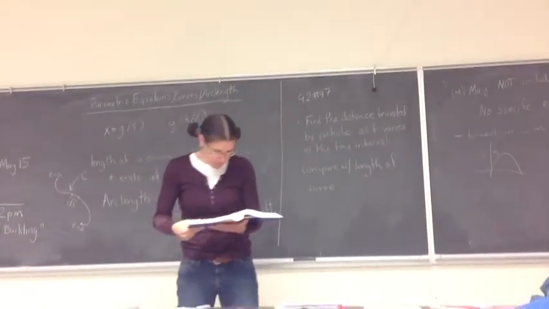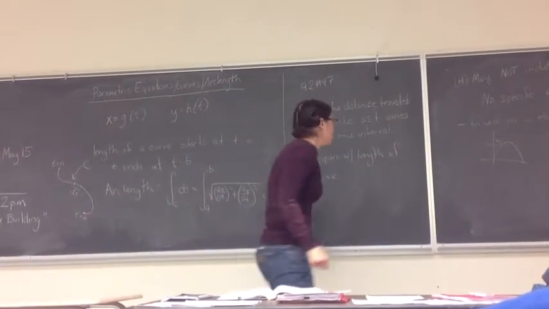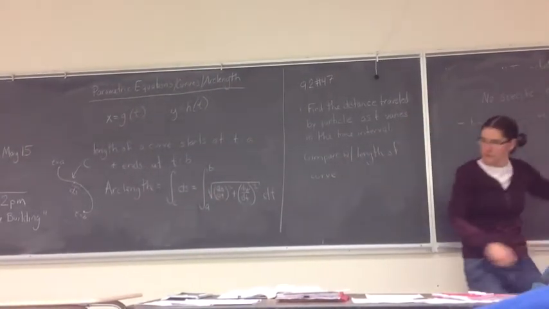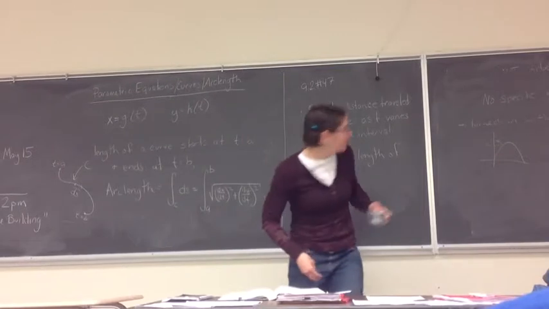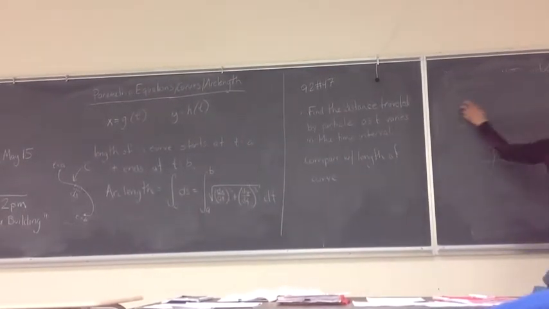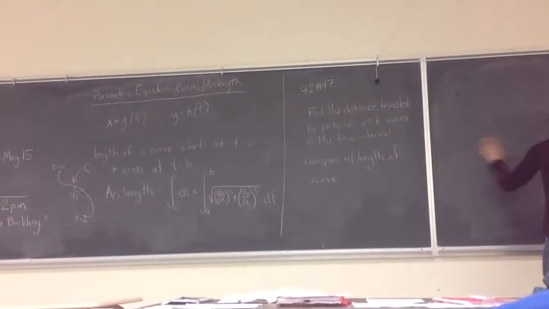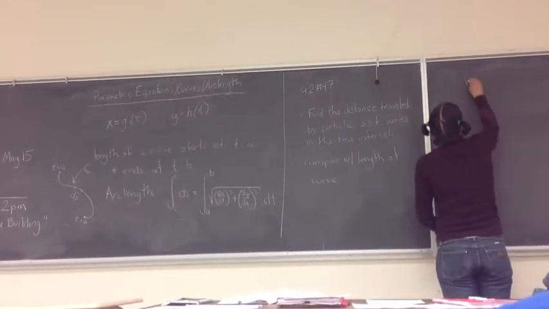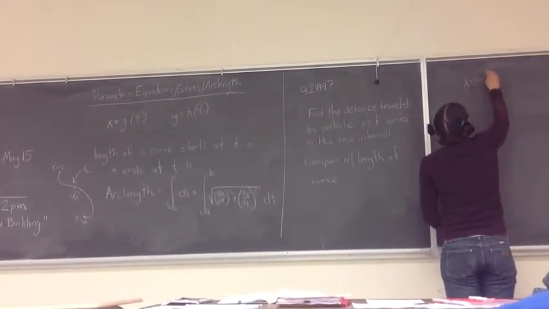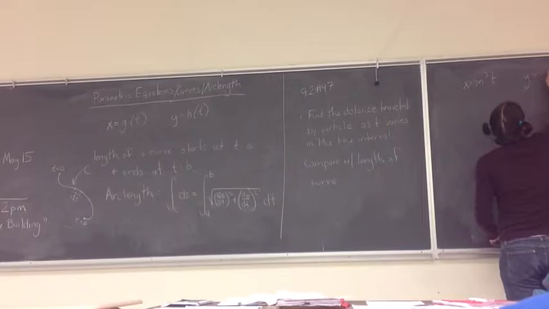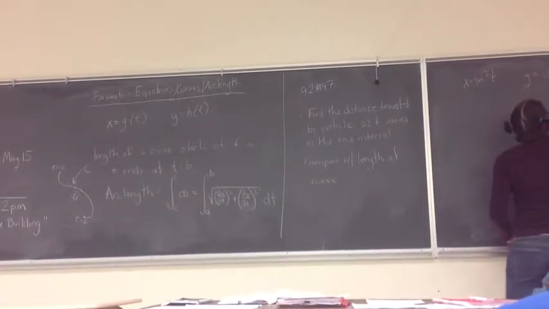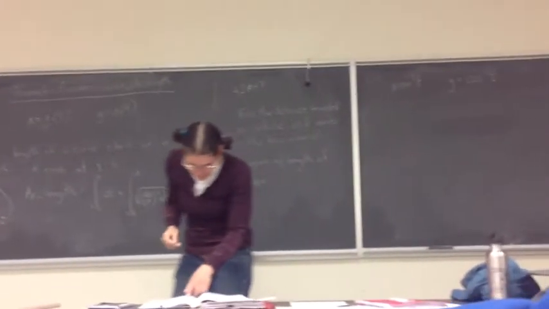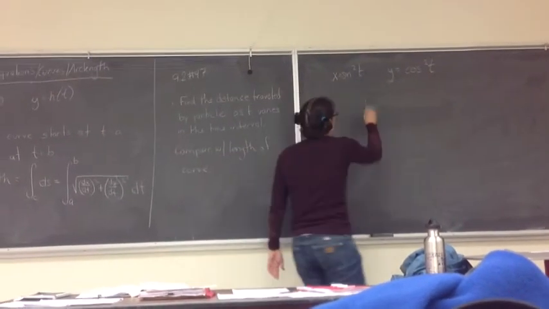Okay, in number 47, we have x equals sine squared t, and y equals cosine squared t. And then the t boundaries that they give us are t goes from 0 to 3 pi.